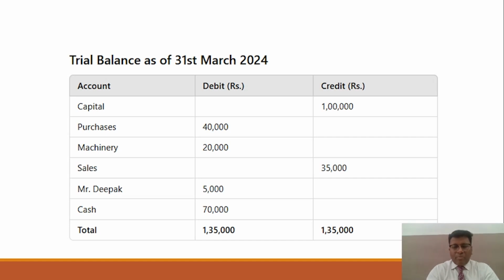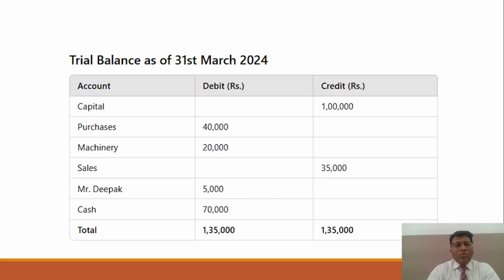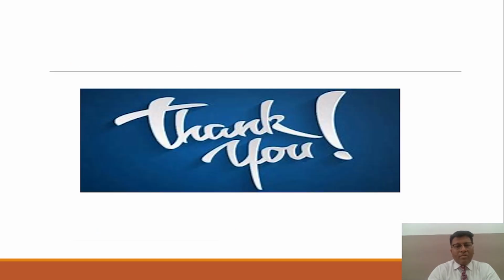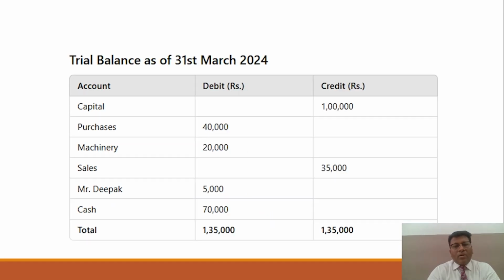And purchase, as in the summary, you see it is debit 40,000. So purchase account is debit 40,000, right. And machinery, as you see, 20,000 is again a debit, so machinery account is debit 20,000. So you are just preparing the trial balance.